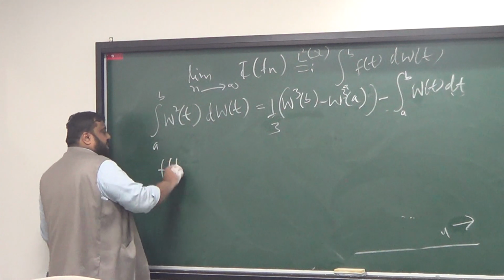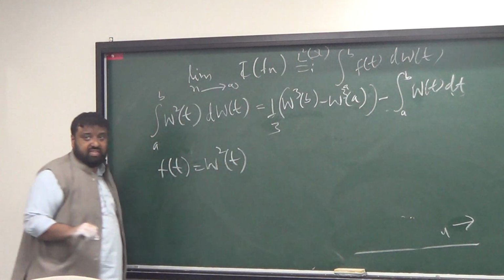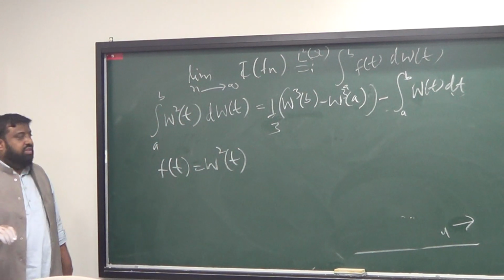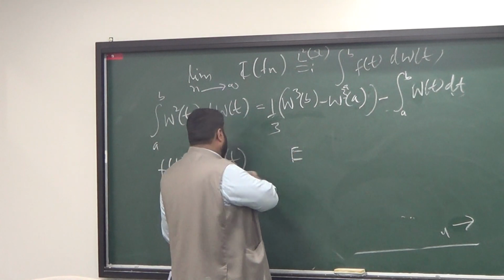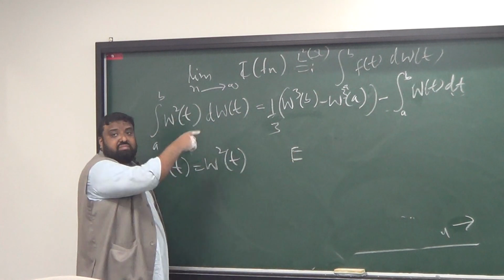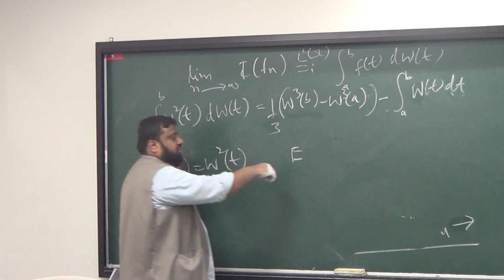Here my process f of t is w square of t. I would like to check, does this f have the case 1 property, or case 2 or case 3 property? So let's check it.